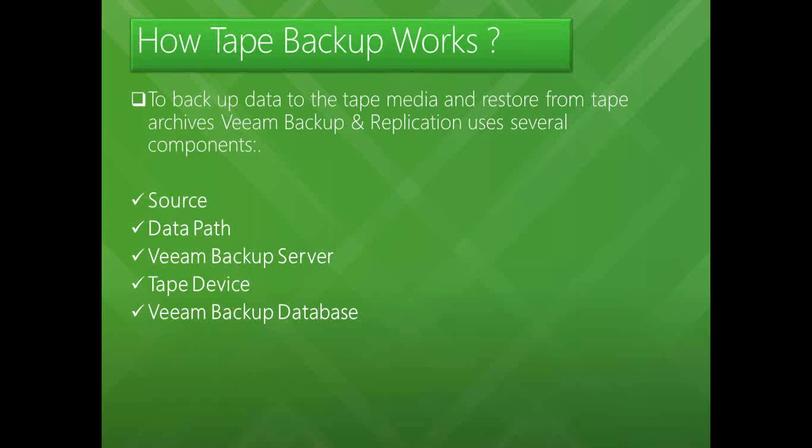The second is the target side transport service, which runs locally on the Veeam server machine to which the tape device is connected. It reads and writes the data to and from the tape device. The data is transferred in compressed format. For compression, the default compression level is used.